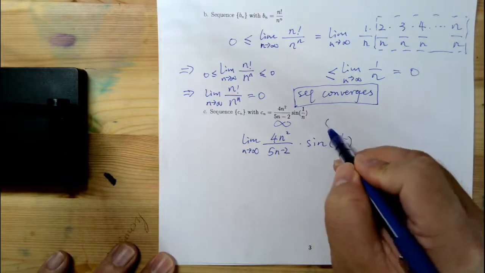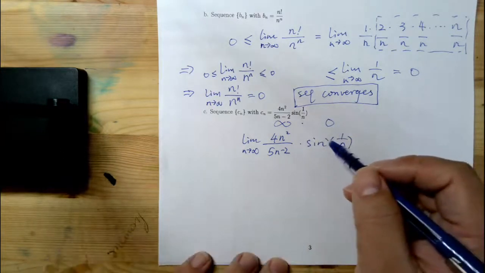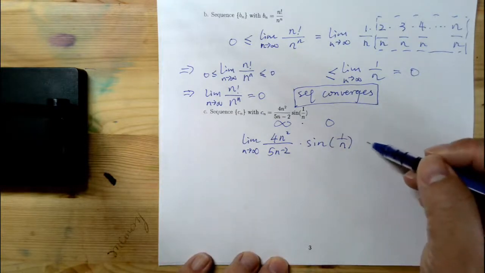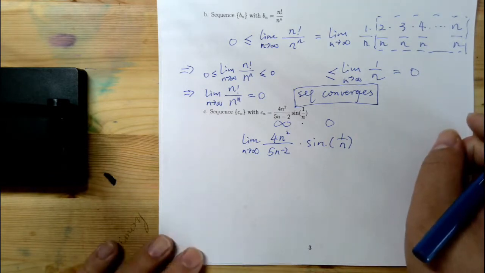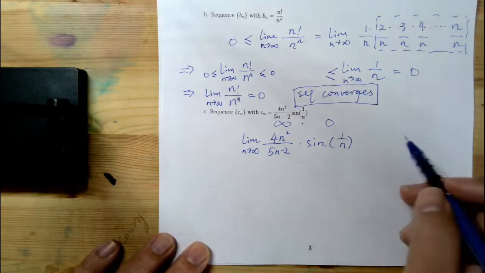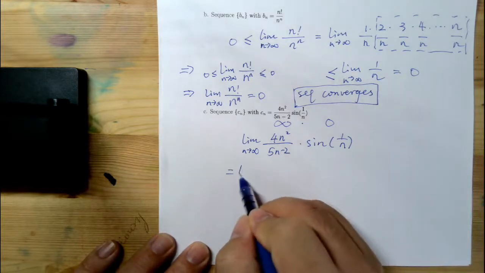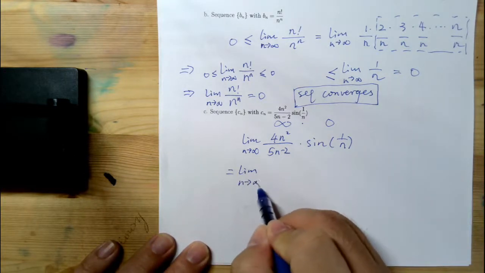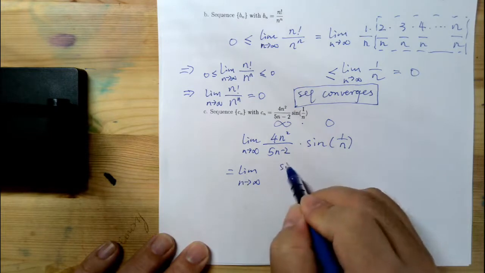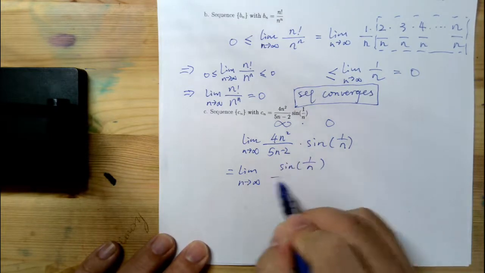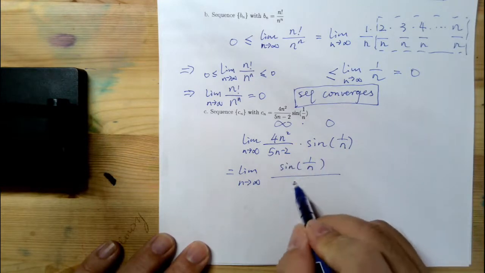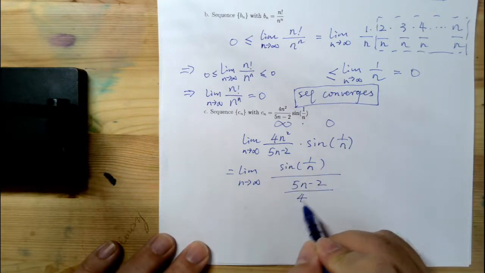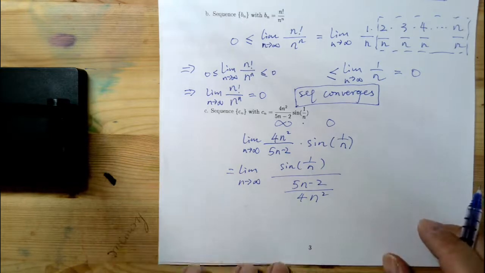So we can also use L'Hopital's rule to handle this problem. We convert it into a 0 over 0 type, which is sine of 1 over n over (5n minus 2) over 4n squared. In that case, this is 0, and this is also 0.